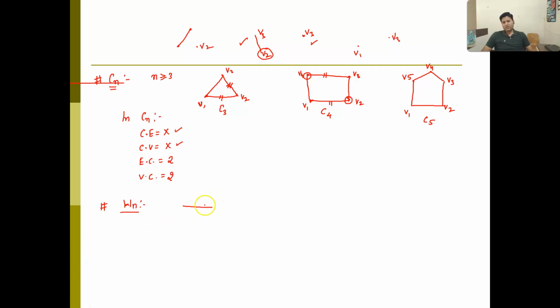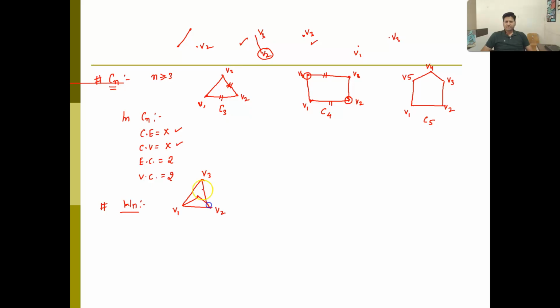Let us see how. So this is your C3 that we already drew. Now I am going to put one vertex at the center and will connect it with all the vertices which is there on the circumference. So this is the new vertex. Earlier it is having V1, V2, V3. I included one more.